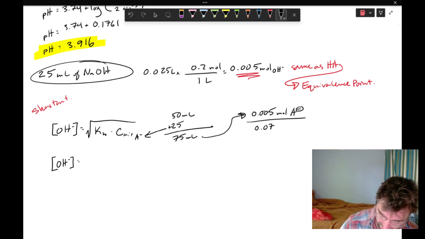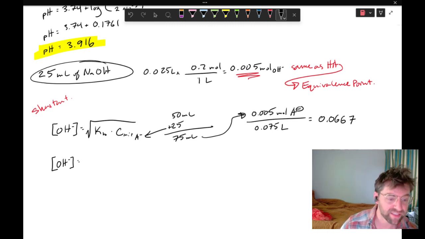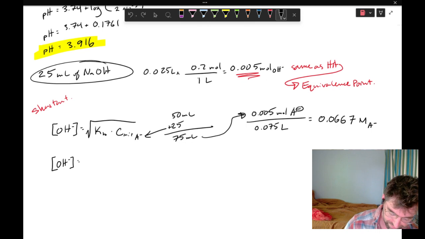Divide that by our new volume, the total volume, and this gives us our concentration, which is 0.066 repeating. So that's the concentration of our conjugate base.